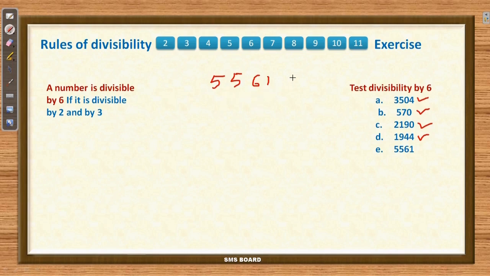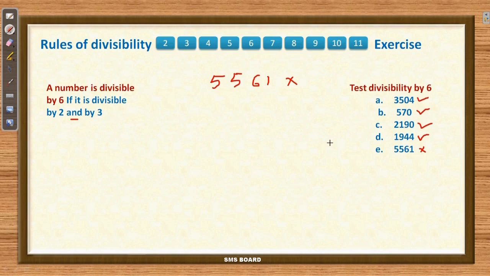So this number is not divisible by 6, because a number is divisible by 6 if it is divisible by 2 and by 3. So we have understood the divisibility test by 6.